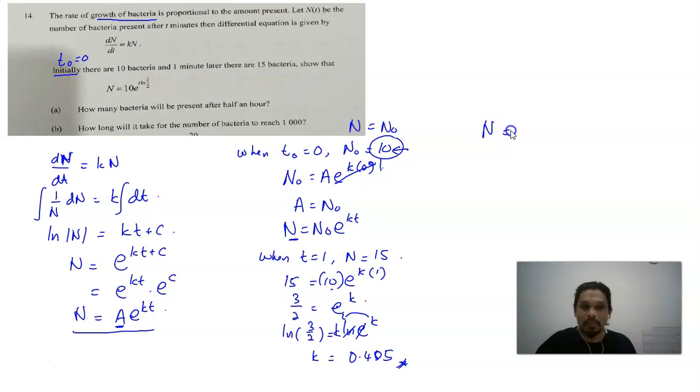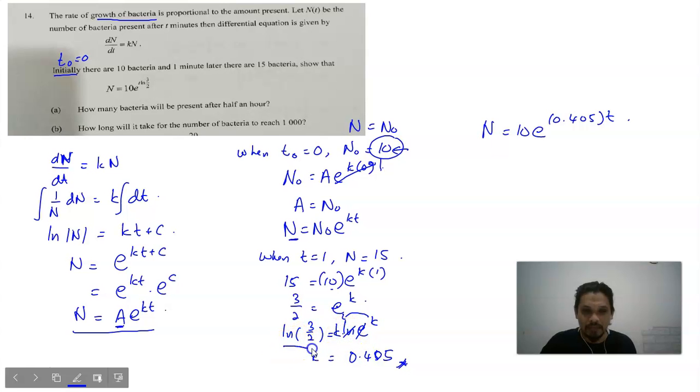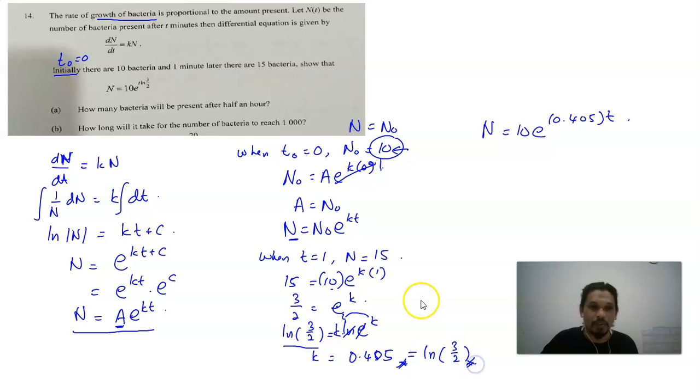So N equals 10 e power of K, which is 0.405 T. Okay, class, we can leave K in this answer here, natural log of 3 over 2, because we want the equation of N in this form as given in the question.